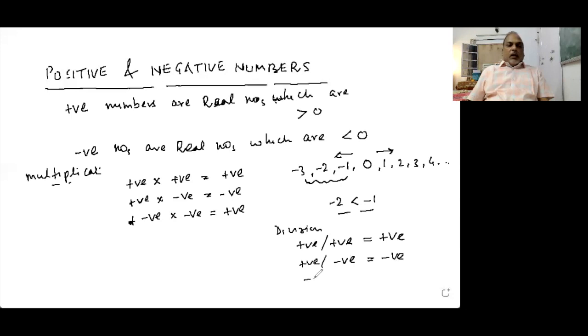And negative divided by negative, this will give you positive. So these are some rules you have to keep in mind. And these are basically the basics of numbers.